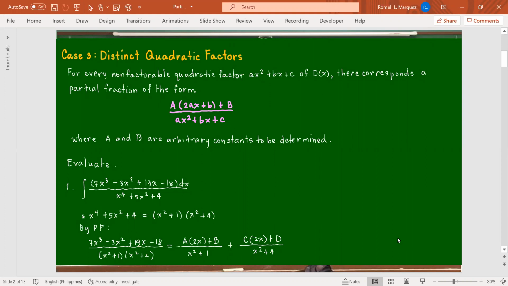We multiply by the LCD. Of all the fractions involved, the LCD is x squared plus 1 times x squared plus 4. Okay.